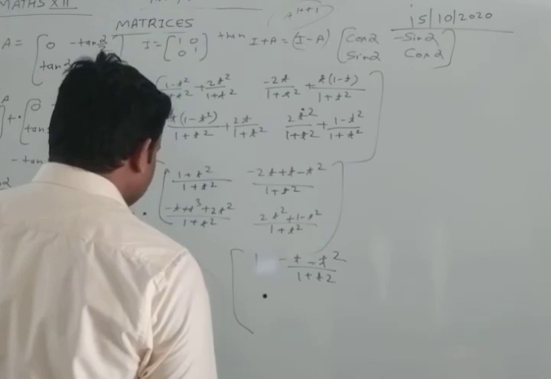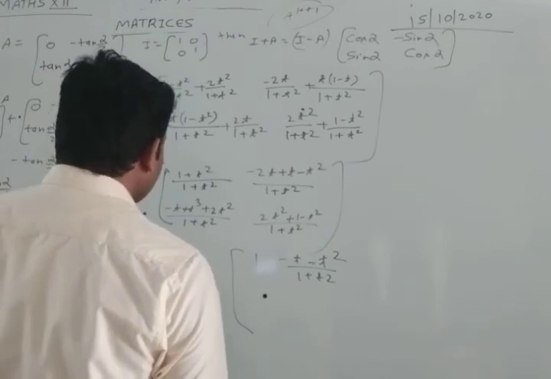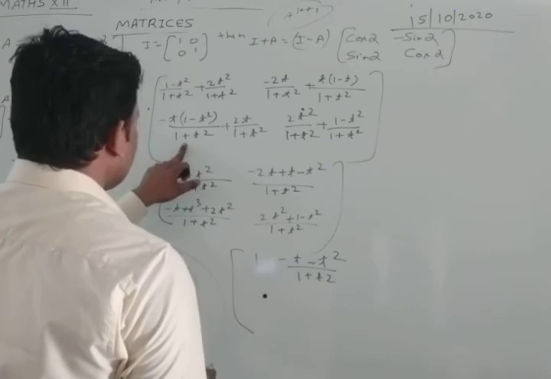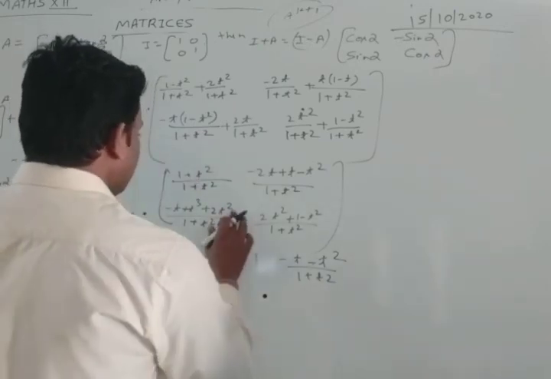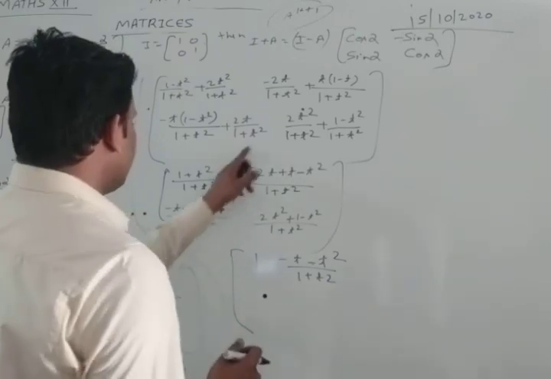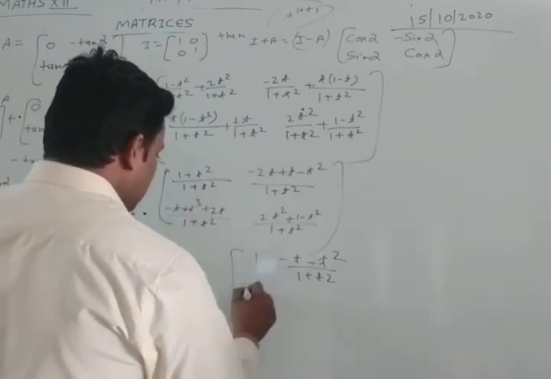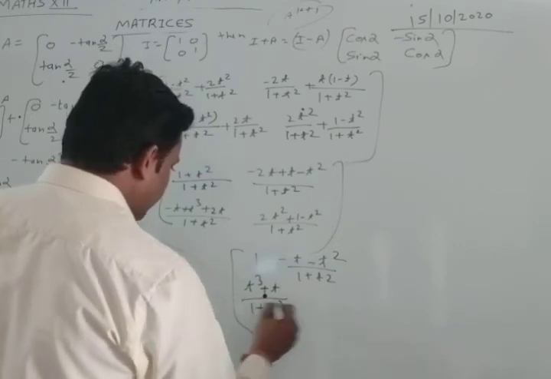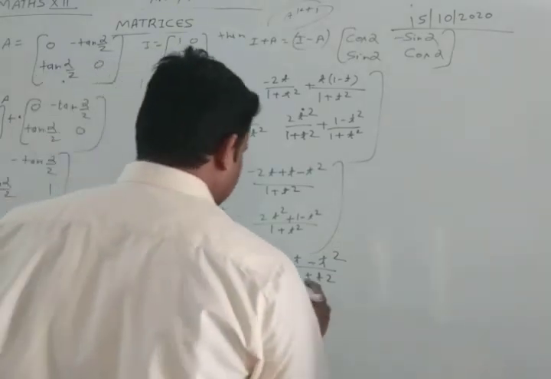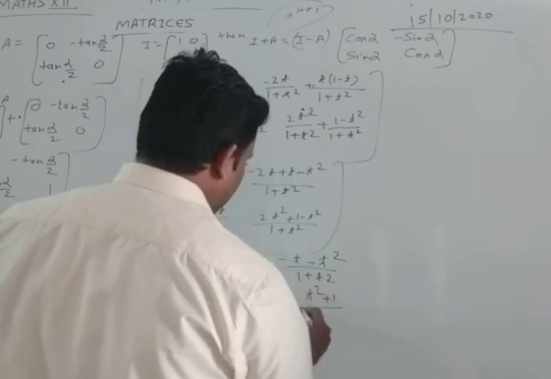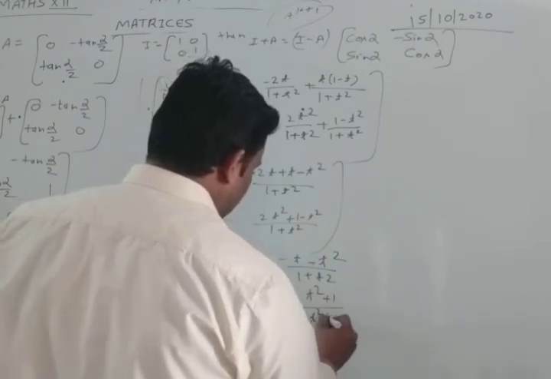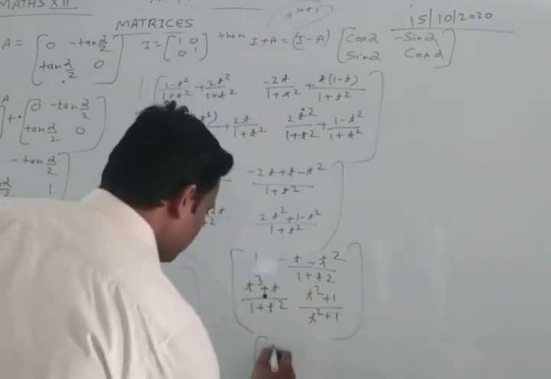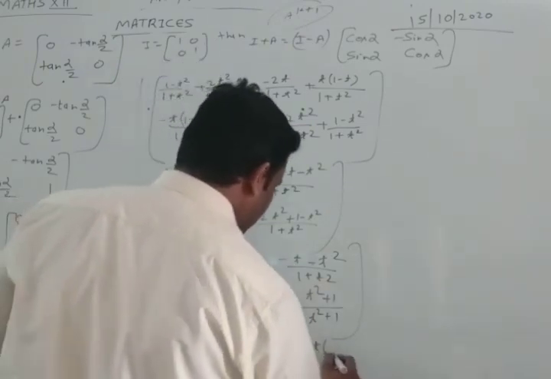Now we get this is 2t. Okay. So here t cube plus t upon 1 plus t square, and here t square plus 1 by t square plus 1. Okay. Now again solve 1 minus, taking minus t common, 1 plus t square.